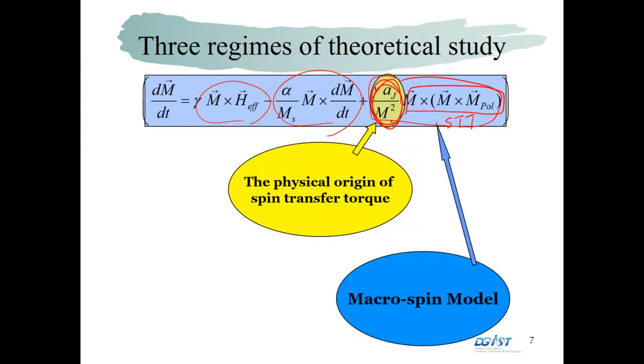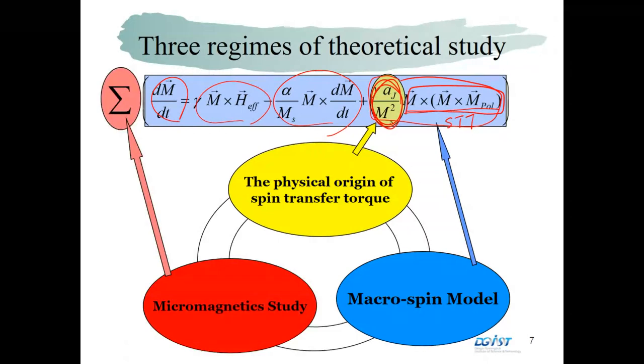And then with this additional torque, we're going to show what happens in the dynamics of the spins. We just studied only single spins, but in reality, we need the sum of all spins. That's what we call the micromagnetic study. That is beyond the scope of this lecture.